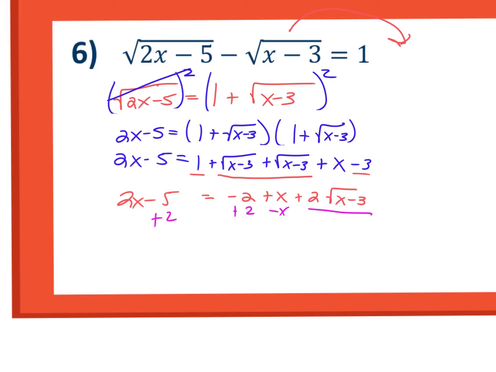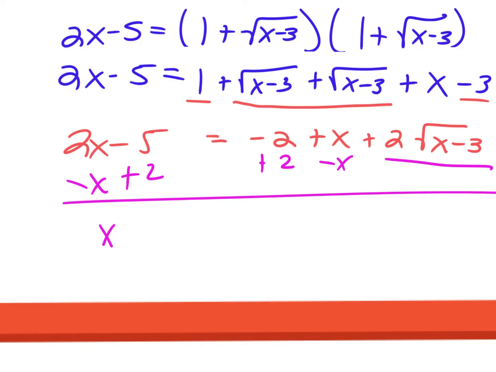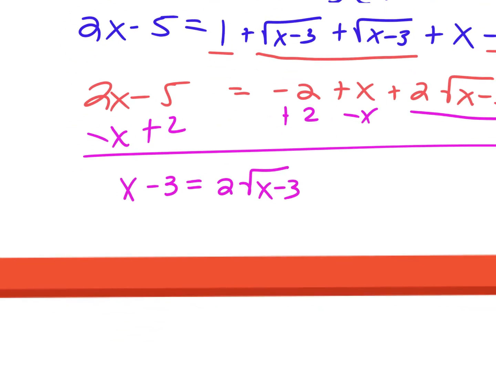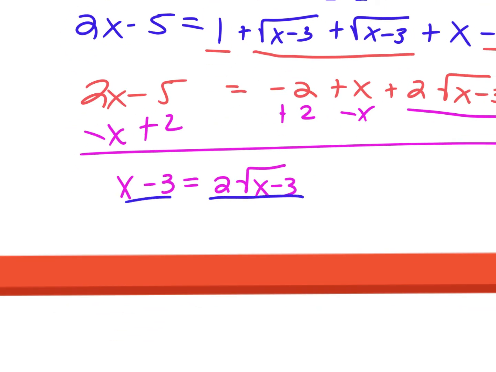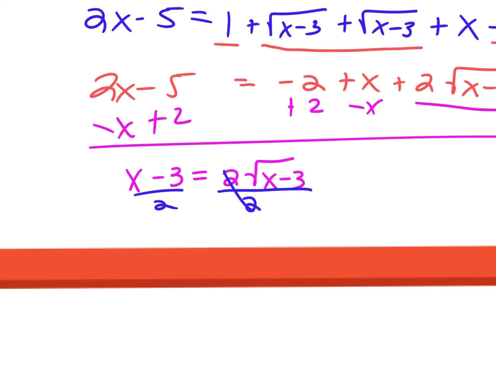That leaves me with x minus 3 equals 2 times the square root of x minus 3. So we have our one radical, which we're just trying to get by itself. We're going to isolate it. So I'm going to rewrite the radical on the left-hand side. So square root of x minus 3 equals x minus 3 over 2.